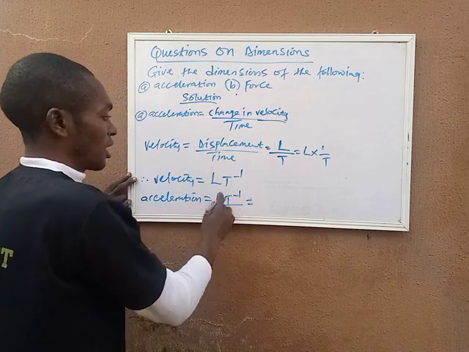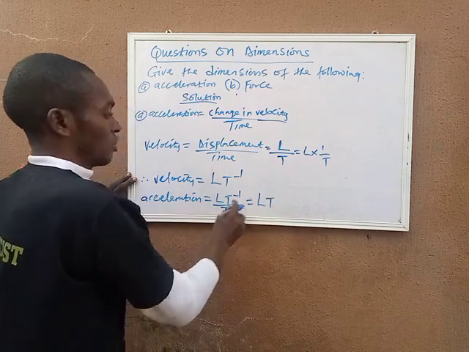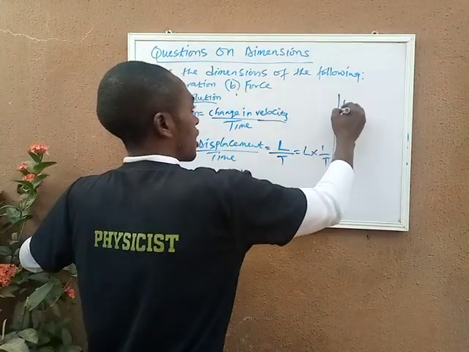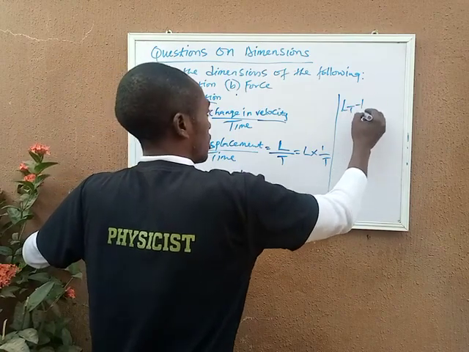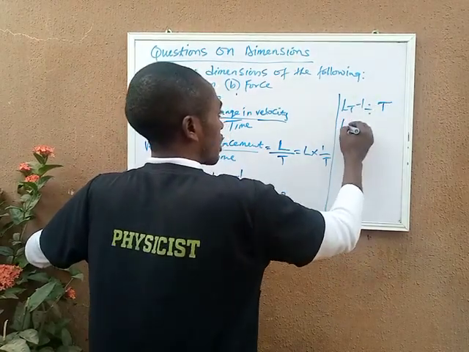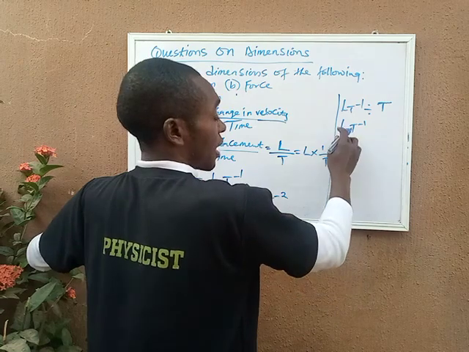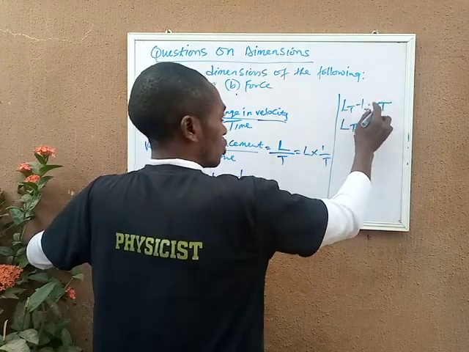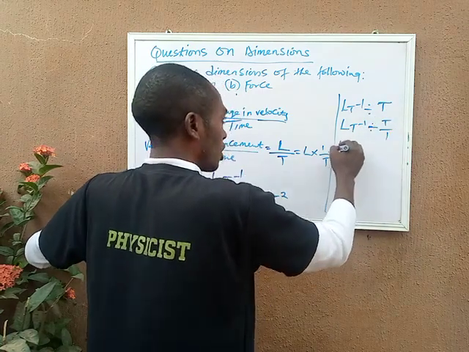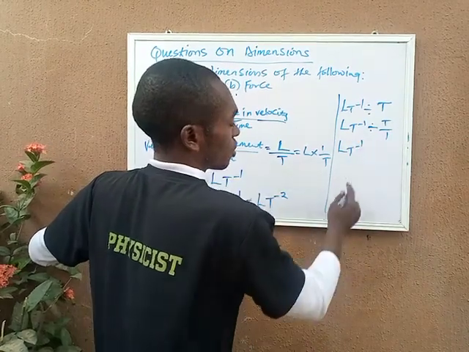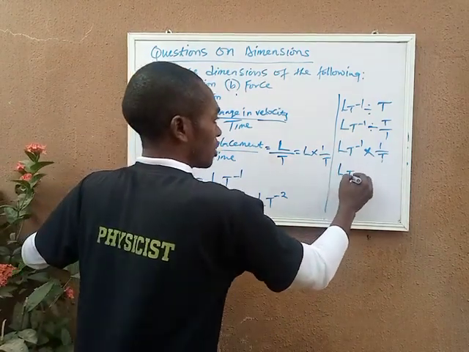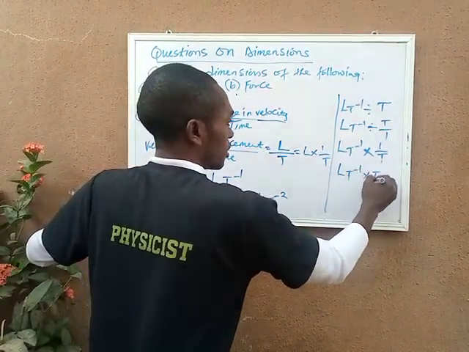So we can now have that this is LT raised to the power of minus 2, because we know that LT minus 1 is being divided by T. Dividing by T is the same thing as multiplying by 1 over T, which is T raised to the power of minus 1.